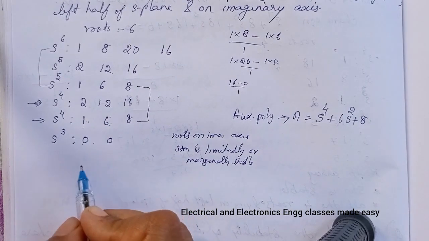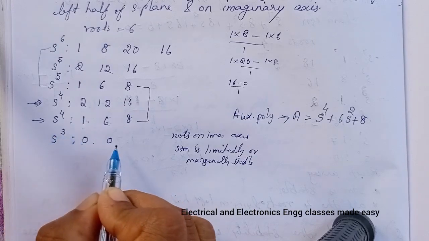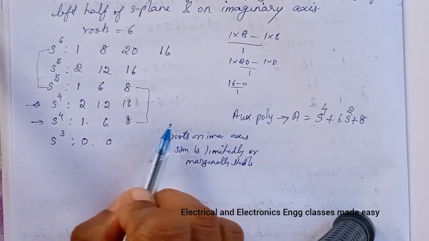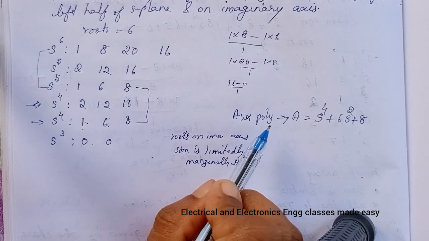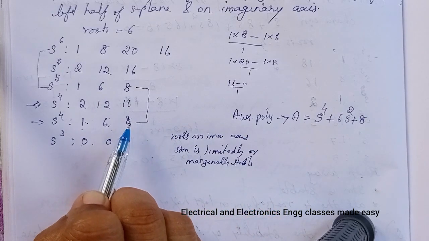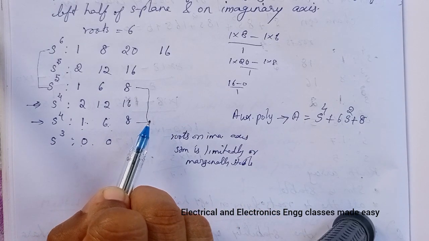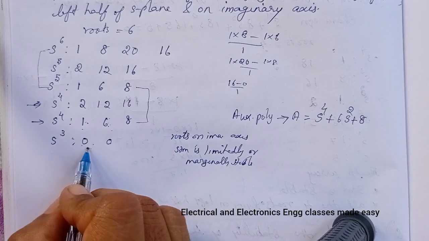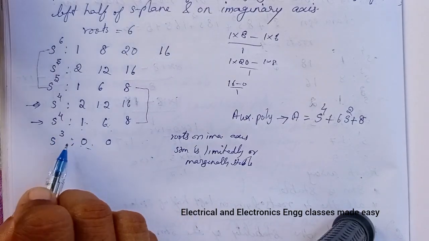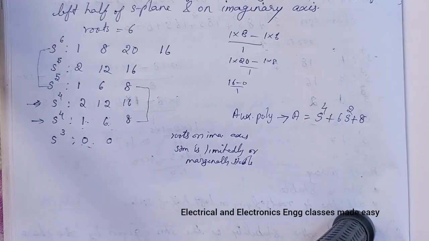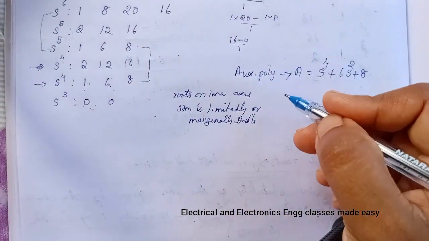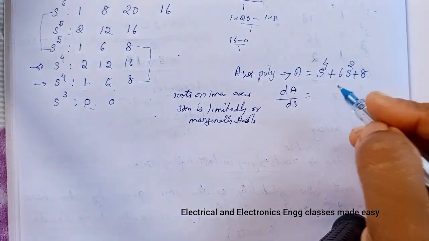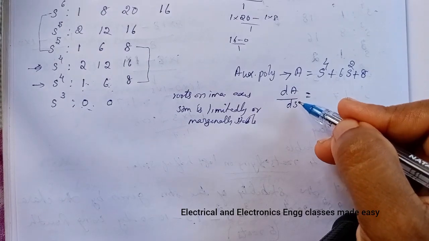And to find the elements of this row, that is s raised to 3 row, we have to differentiate this auxiliary polynomial with respect to s and find the coefficients of that differentiated polynomial, and that coefficient is equal to this row elements. That is, dA by ds equal to, so we differentiate with respect to s.